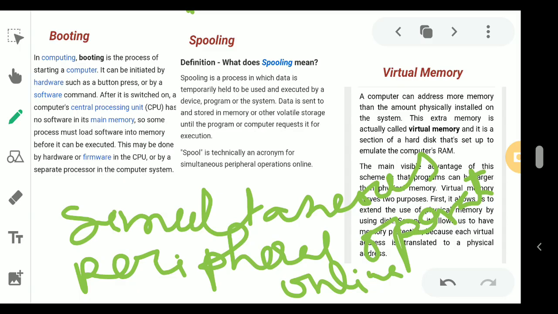This delays the process execution. Moreover, if the main memory size is smaller than the process size, the process can never be loaded into the main memory, so it will never execute.